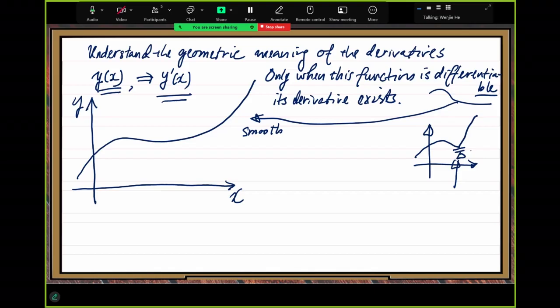Because the derivative is closely related to the tangent line. At this point, there is no tangent line, and no tangent line means no derivative.